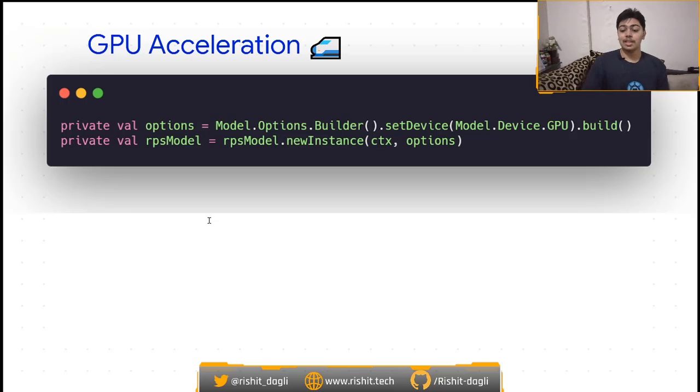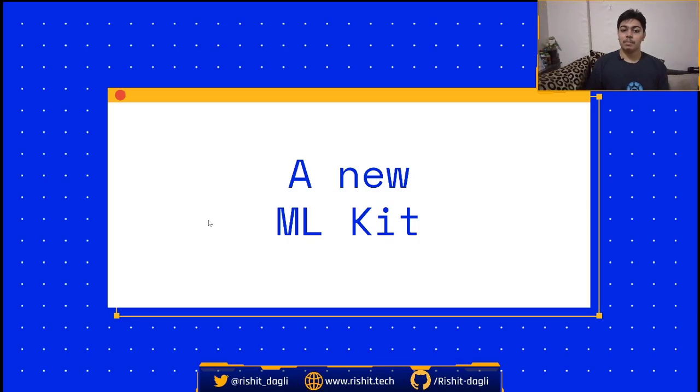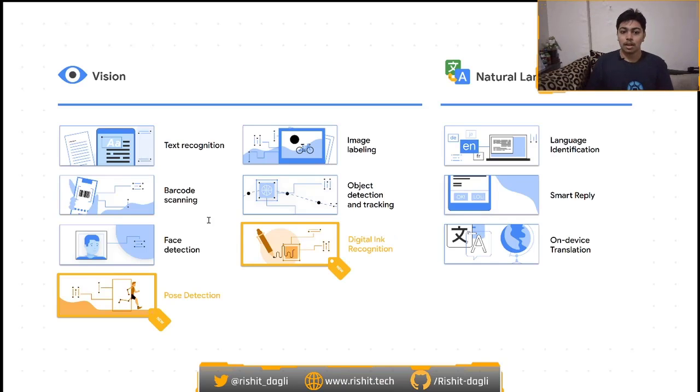Let's talk about the other major development, a newer ML Kit. I'm expecting a lot of folks here to know about ML Kit, but if you haven't heard of ML Kit earlier, no problem. Let's see a bit of it. This is a brief about the services that ML Kit offers you.